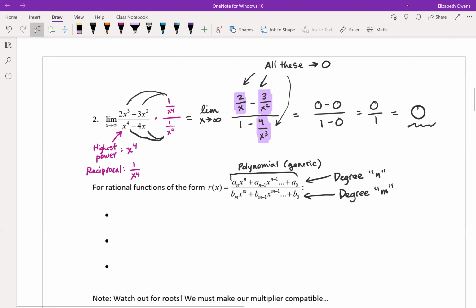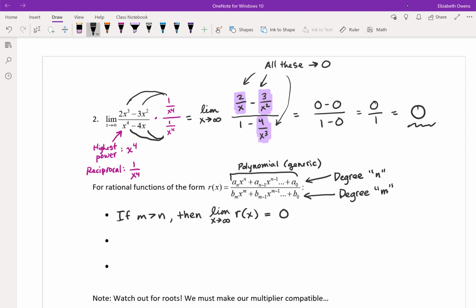So if m is greater than n, so the denominator has a higher degree than the numerator, then the limit as x approaches infinity of this rational function r of x is always going to be 0.